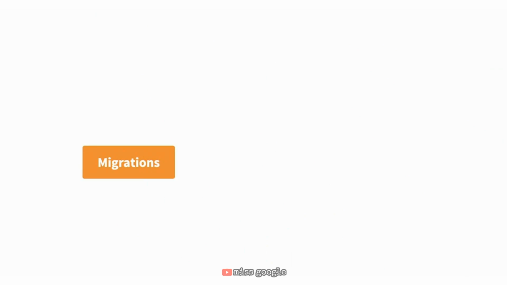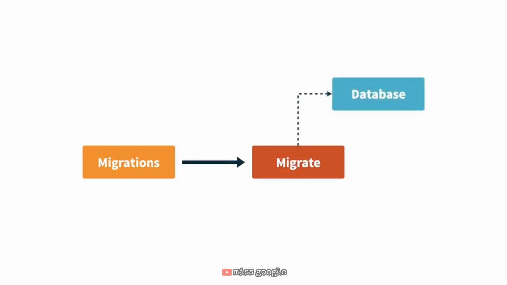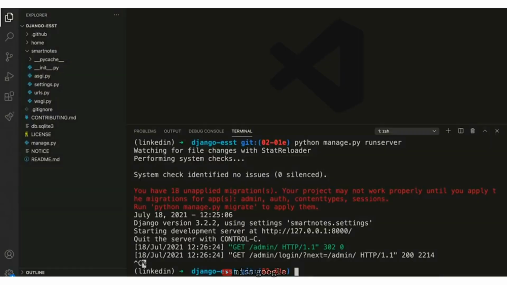Migrations explain what kind of changes a database needs to perform, such as create a new table, establish a new relationship, etc. Django already has the migrations for the authentication system ready, so what you need to do is apply them to the database, and we do this by using the command migrate that will actually change the database. So what we can do now is run the command migrate.